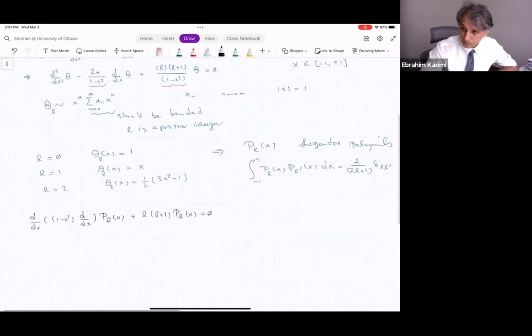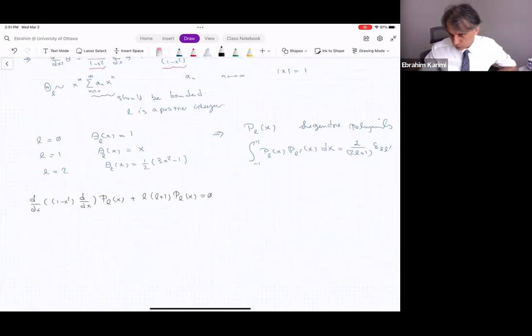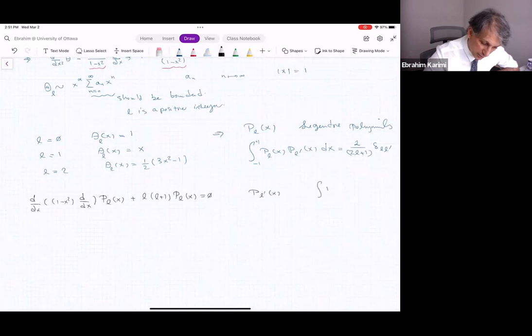Now I want to prove that they are orthogonal to each other. So I multiply both sides by P_L'(x), and then do the integral in the interval of -1 to +1.